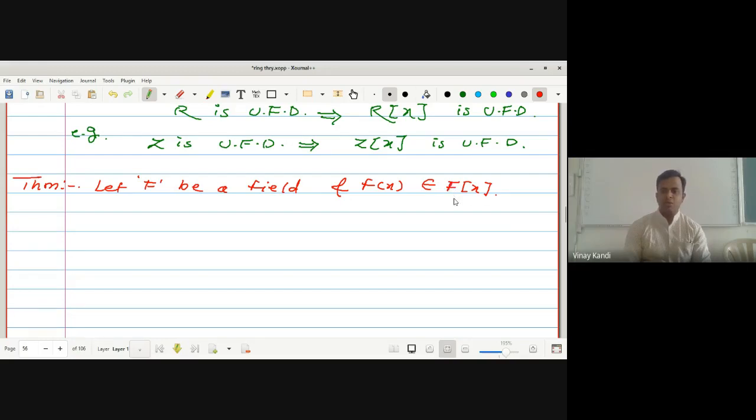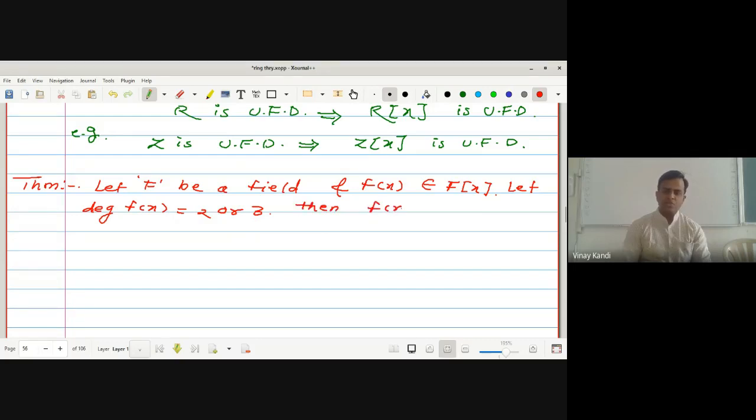An integral domain. It will be an integral domain. Okay, F of x will never be a field. Let the degree of f of x be either 2 or 3.